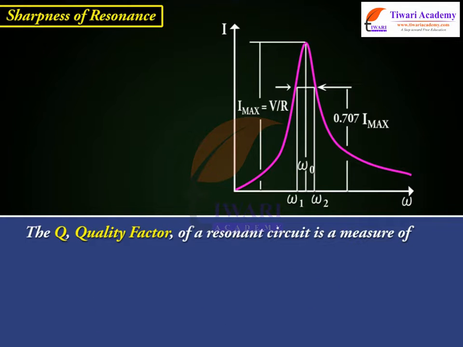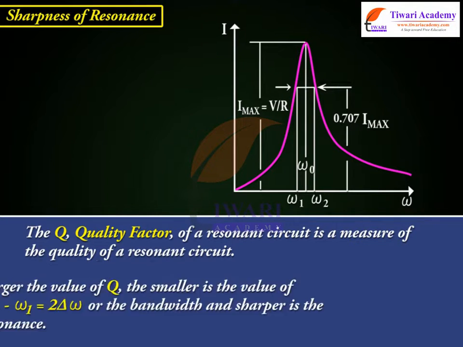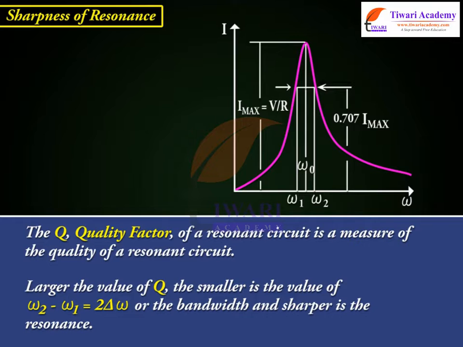The Q, quality factor of a resonant circuit, is a measure of the quality of a resonant circuit. The larger the value of Q, the smaller is the value of omega 2 minus omega 1, equal to 2 delta omega, or the bandwidth, and sharper is the resonance.